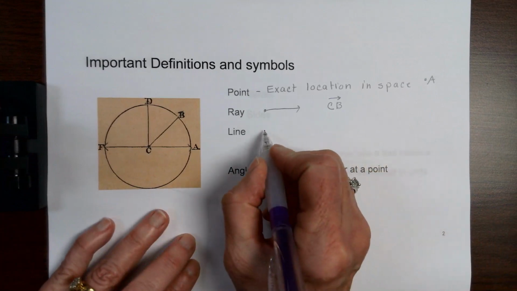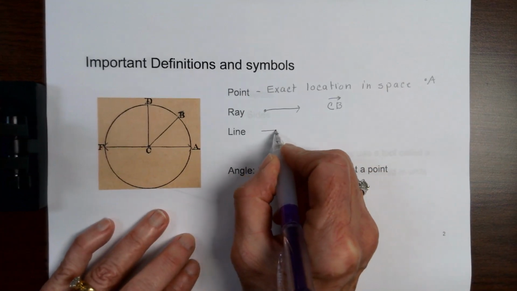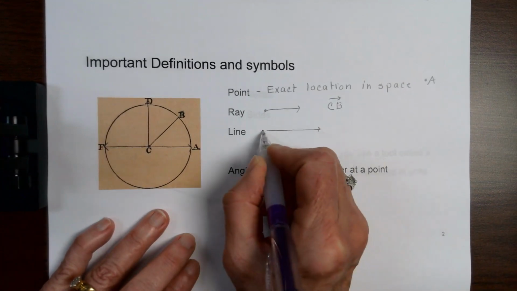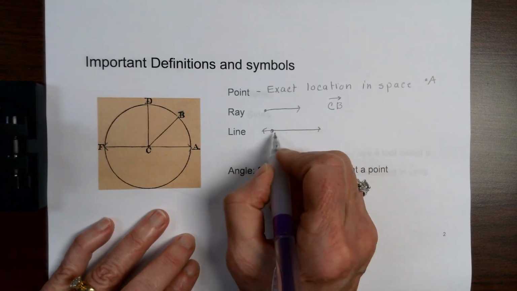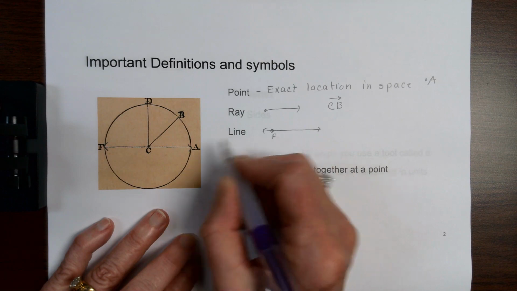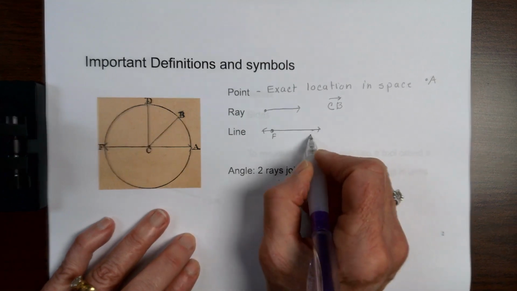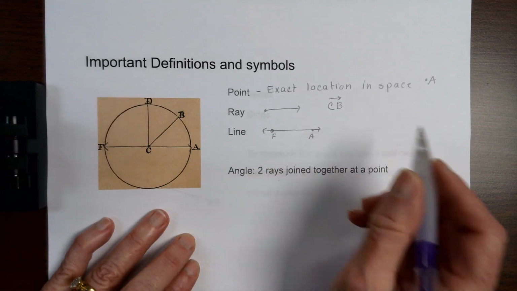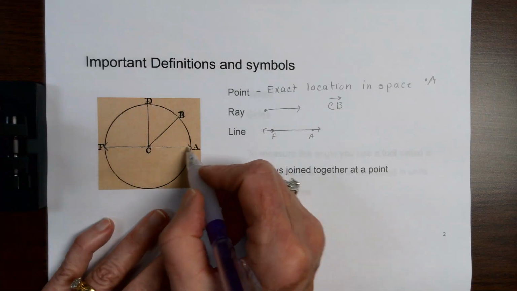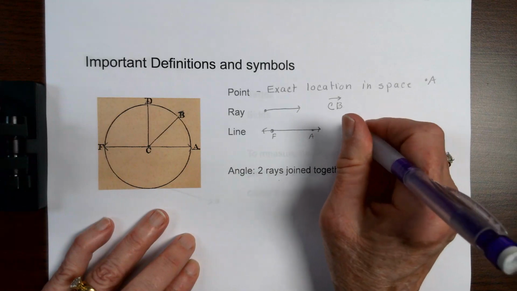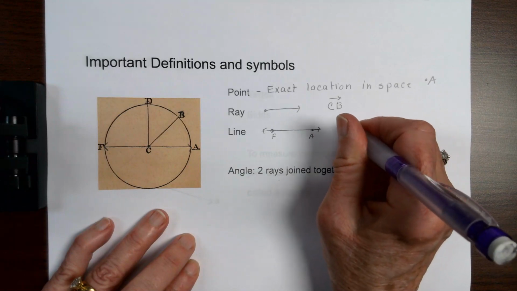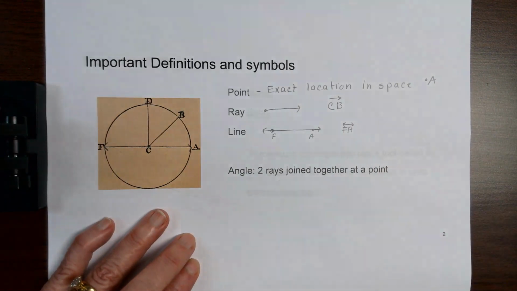If I have a line, I have points that go on in both directions, so opposite directions, but often, like I see on here, they go through named points. So this is a line, and I would put the letters here, and I would put a line symbol over top of it.